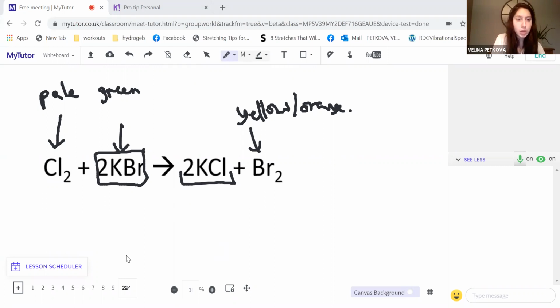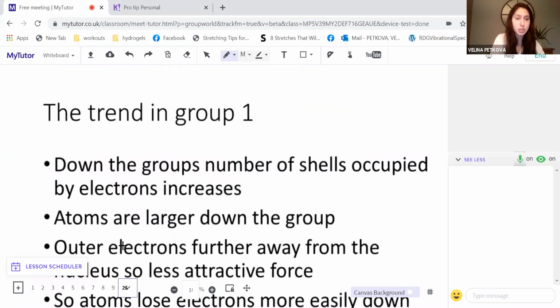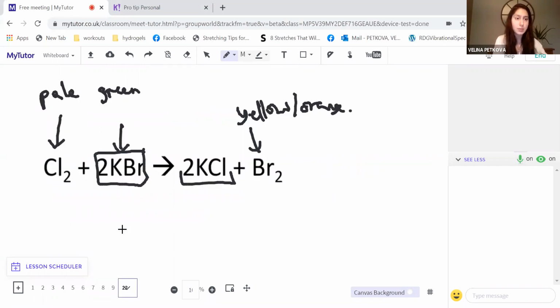Okay, should we try another displacement reaction then? So if, say, we had Br2 plus potassium iodide, is this going to displace it? Is there going to be a displacement reaction that occurs?